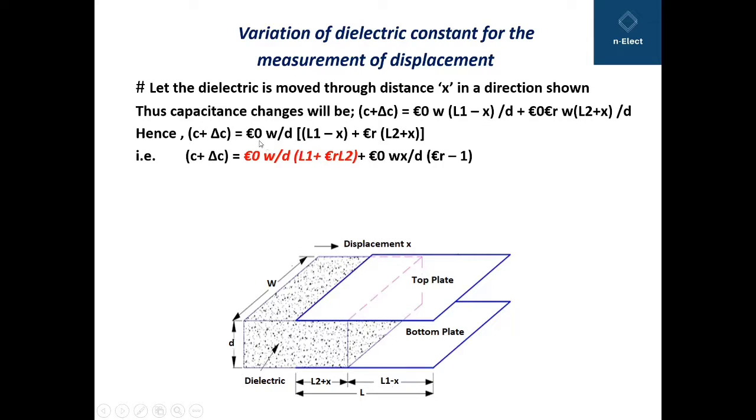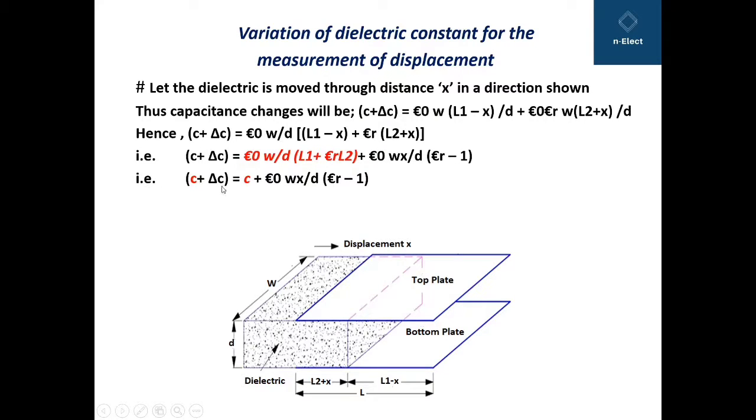Now, by opening these brackets L1 minus x and epsilon R L2 plus x and bringing the terms of L1 and L2 together, we can rewrite the equation as epsilon 0 W upon D into L1 plus epsilon R L2 as the first term, and the second term will be plus epsilon 0 W x upon D into bracket epsilon R minus 1.